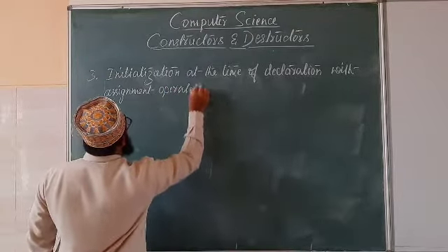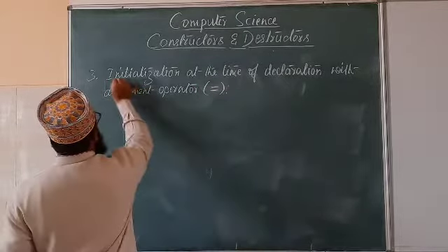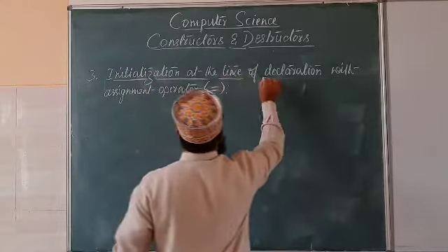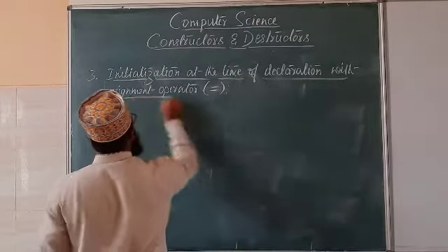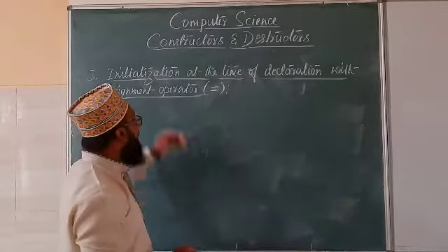Okay, and write the symbol of assignment operator in brackets. The last thing we have left with among invoking types. Okay, invoking calls. This is the last type.